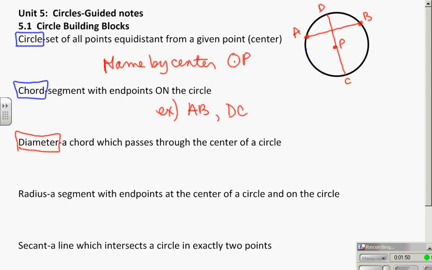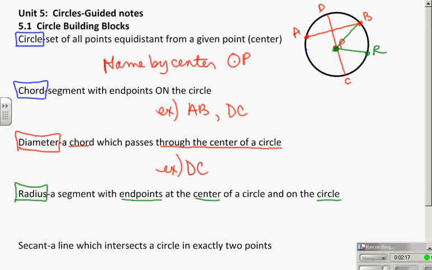Now a diameter is a term that you're familiar with. It's a chord, a special chord, which passes through the center of a circle. So for example, our chord diameter is DC. A radius, again, something that you're familiar with but maybe haven't thought about defining, is a segment whose endpoints are at the center and on the circle.